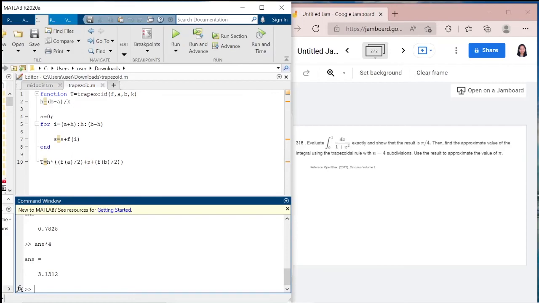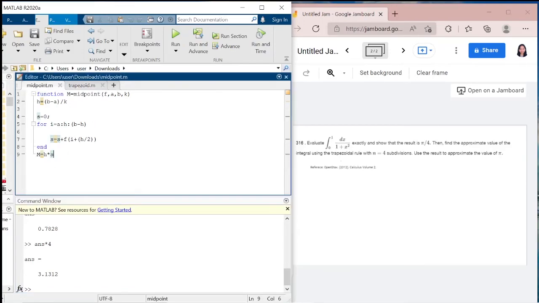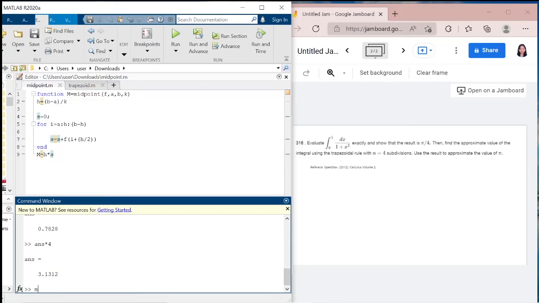Let's try again this problem using midpoint quadrature rule. First, let's input again the given mid.